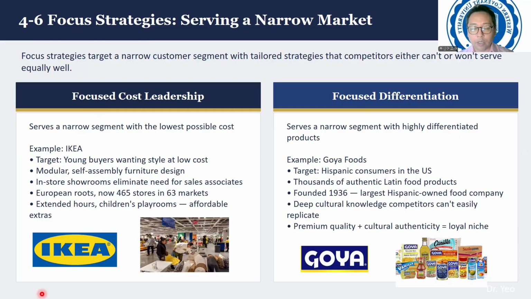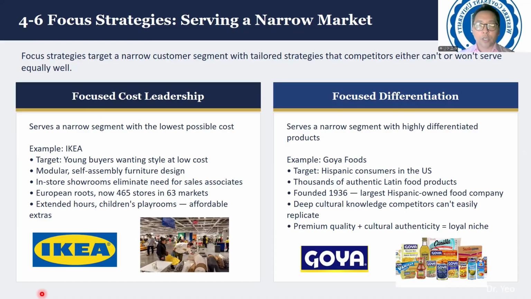You just display and show at the store, and then customers test it, touch it, feel it, and then make a decision. You don't need to hire sales consultants with the high costs, so they can eliminate the expense. And the global supply chain is focused on keeping costs minimal. So it's not trying to serve luxury shoppers. It's not trying to serve commercial real estate firms. It focuses only on its target segment.